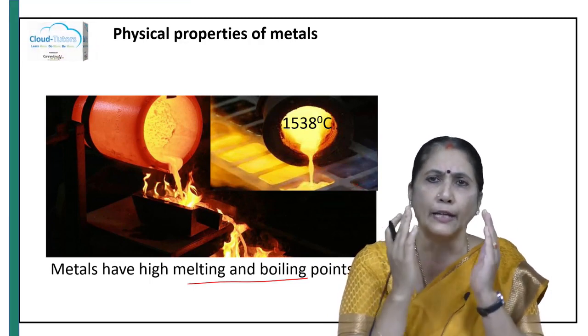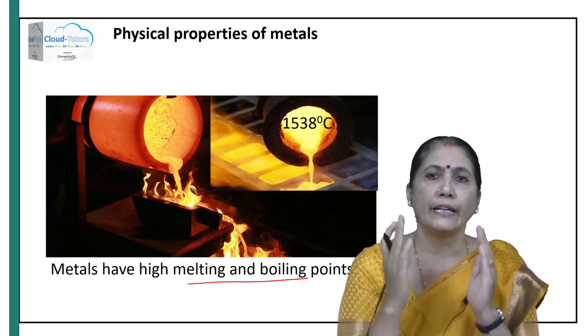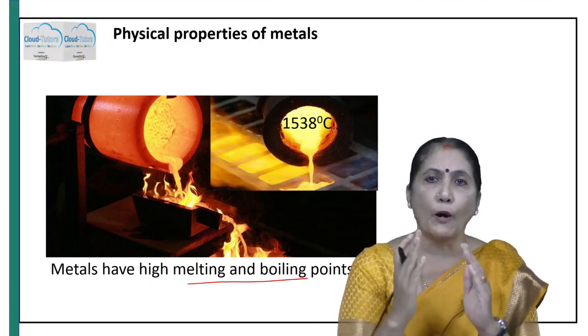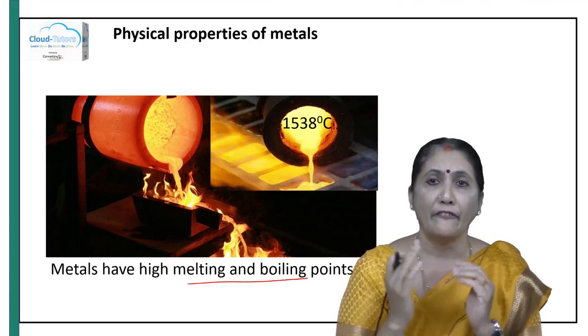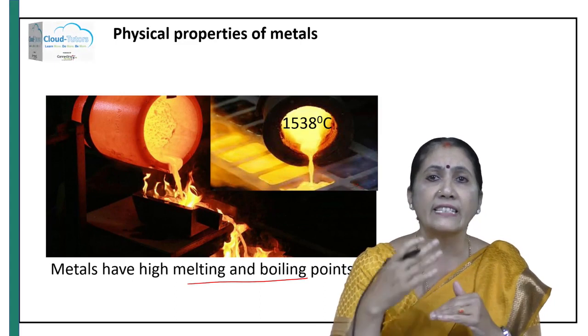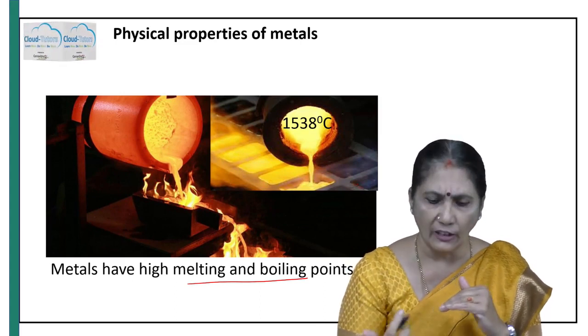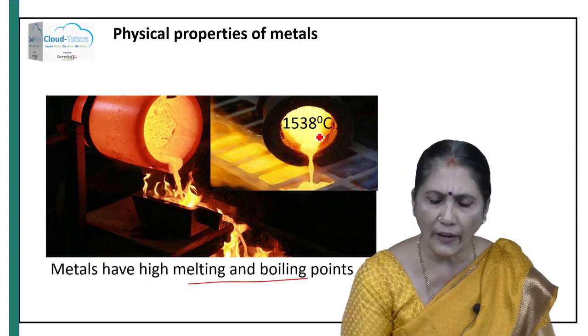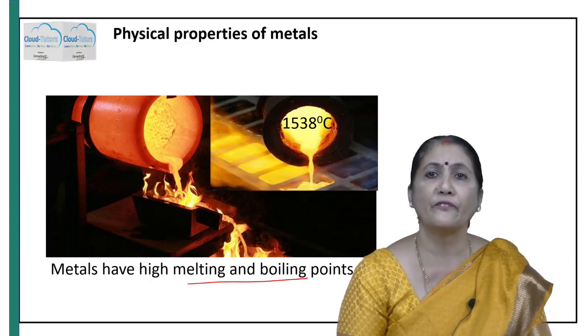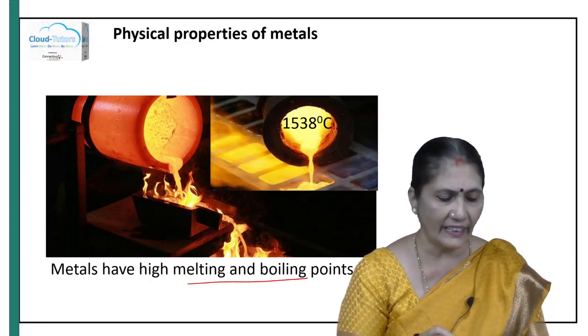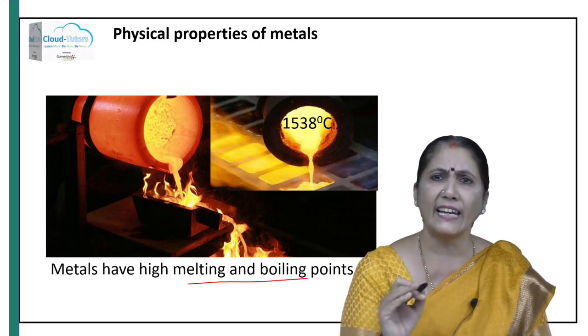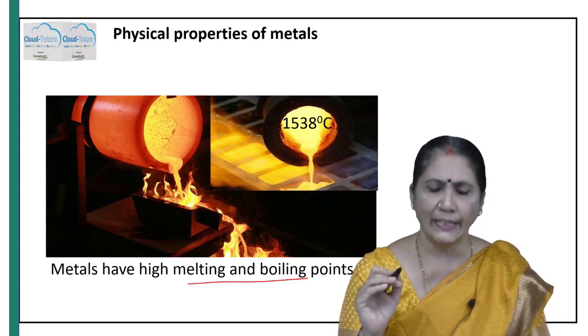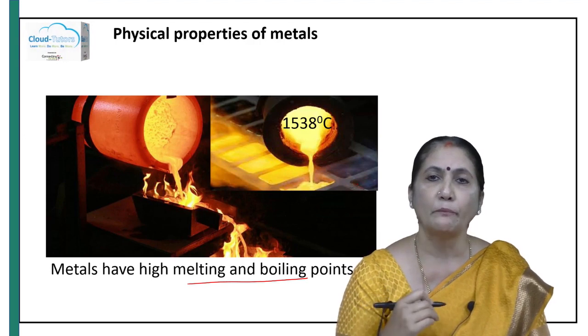So utmost care has to be taken for the proper maintenance of every blast furnace where steel is being manufactured. You can see the molten iron which is coming out has a very high melting point of 1538 degrees centigrade. So generally metals have very high melting and boiling points.